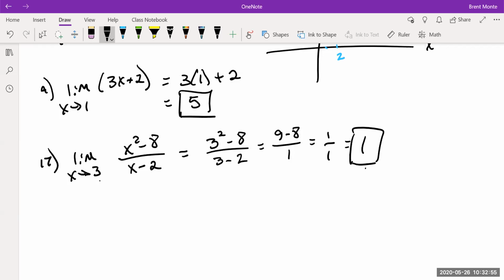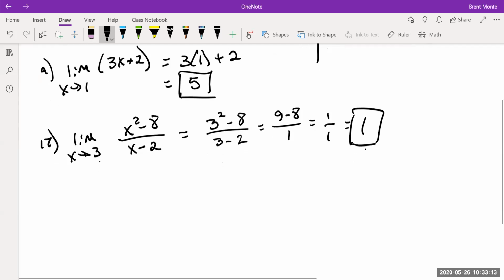So if I plug the x value in and I get a real number value, that's my limit because it's just a point on the graph. All right, so those are pretty easy and straightforward. That's the first thing I want you to do whenever you're looking at one of these and you try to figure it out.